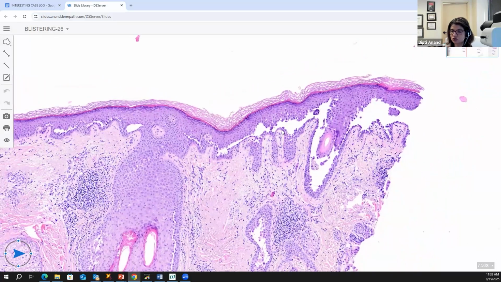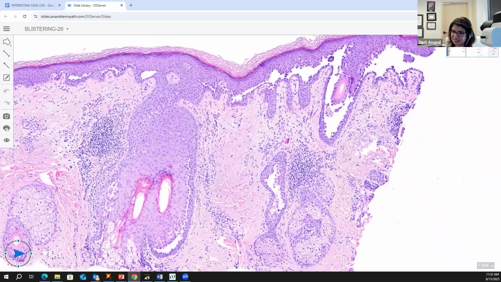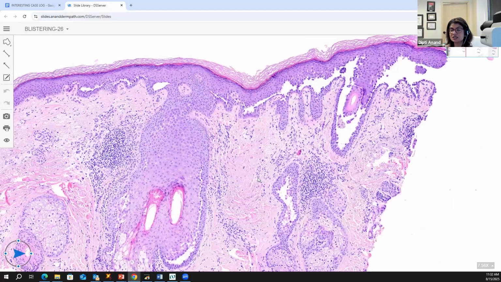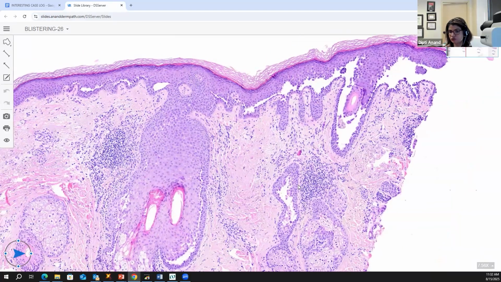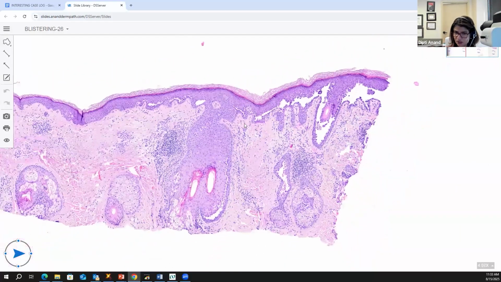So you have the intraepidermal blister with tombstoning, and most importantly, there is extension of acantholysis along adnexal units. Involvement of the hair follicles, the pilosebaceous units, is a very important finding which you will always see. So this is diagnostic of pemphigus vulgaris. I said foliaceus, but I meant pemphigus vulgaris.